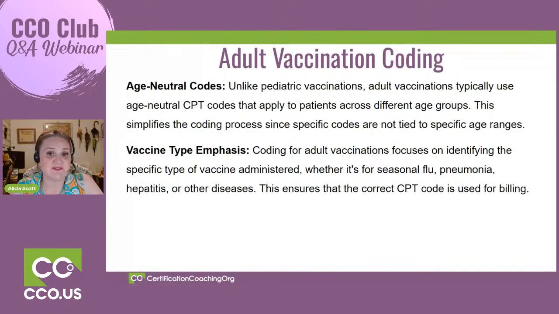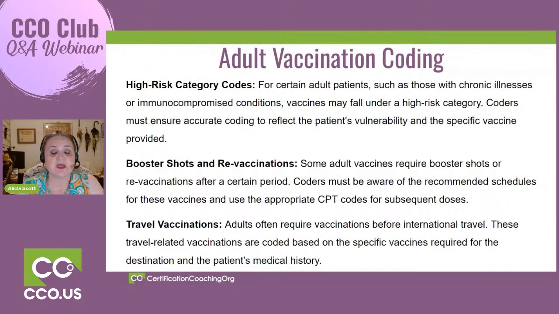We also look at high risk category codes with some patients that are adults that have chronic illnesses or they're immunocompromised, immunosuppressive diagnoses that they have. Vaccines may fall in a high risk category. So you have to ensure that you're accurately coding to reflect the patient's vulnerability for specific vaccines that are provided.